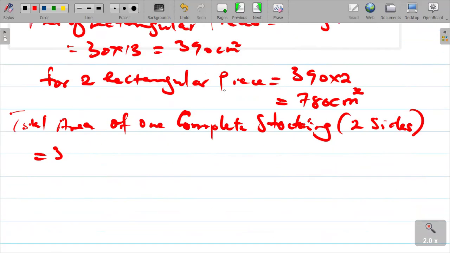So it is 355.25 multiplied by 2, because we are saying both sides. That is going to give us 710.5 square centimeters.